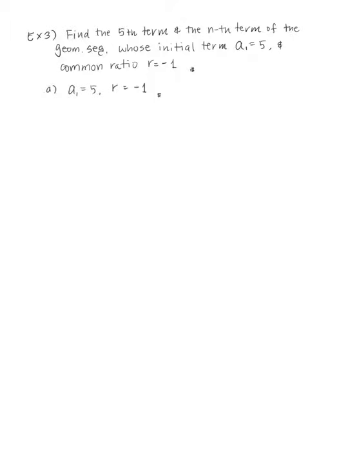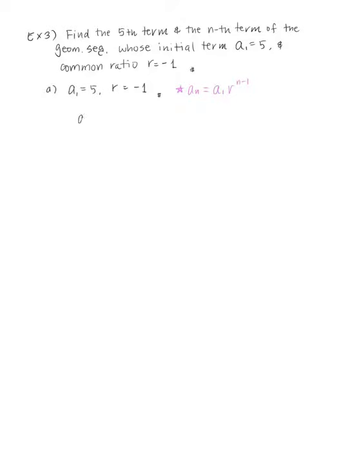So let's just recall this. A sub n, the nth term of the geometric sequence, is defined by a sub 1 times r to the n minus 1. We're going back to the very first page of the definition of a geometric sequence. So we're going to follow this formula.